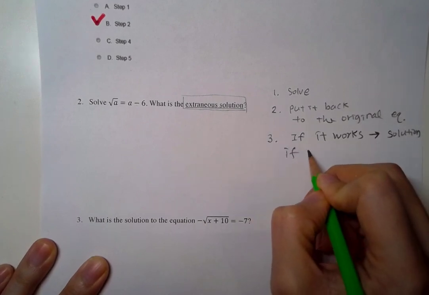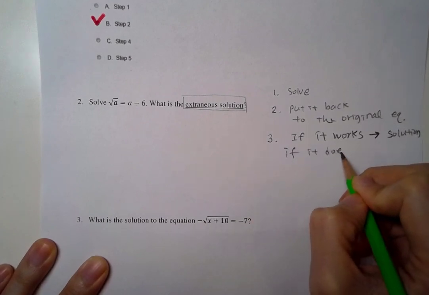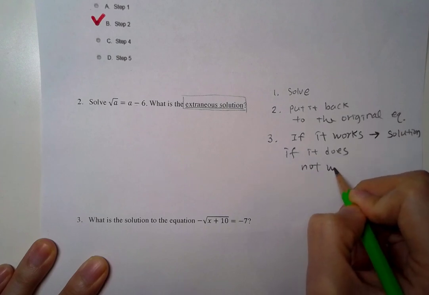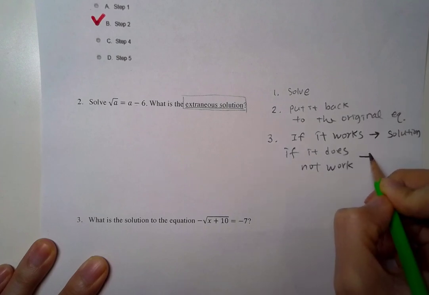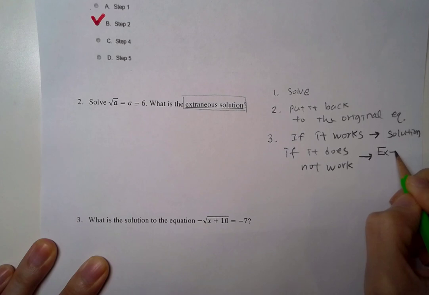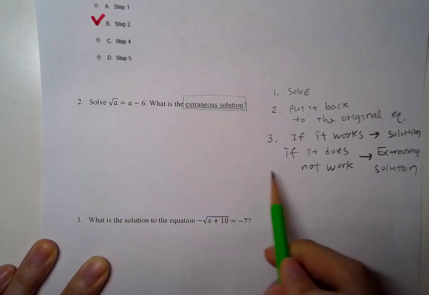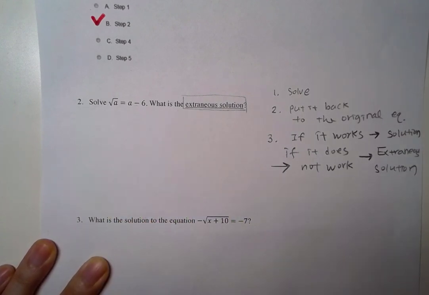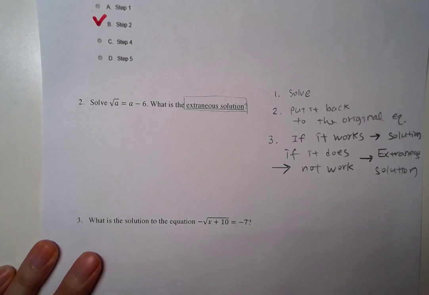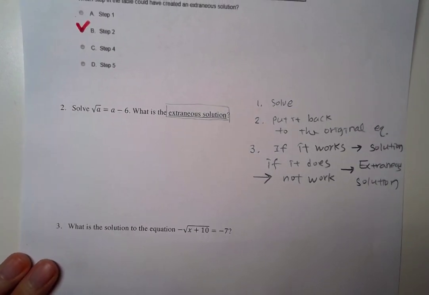If it does not work, then that is an extraneous solution. And the question asks you to find the extraneous one, so I will get this number, and then when I put it back, it does not work. That's extraneous.